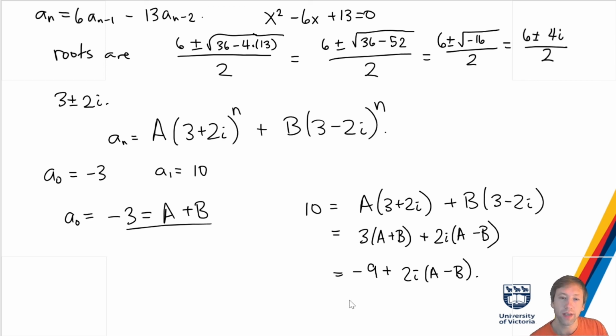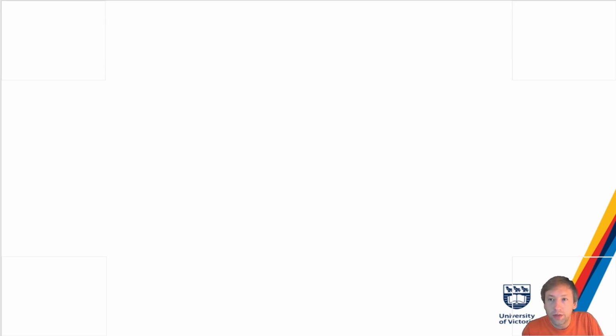Okay, and now we can see that in order for 10 to be equal to this, we're going to need a and b to be complex numbers. Maybe it's not obvious to you, but let's keep solving the equation, and then we'll see what we need a and b to be. What we've deduced so far is that negative 3 is a plus b, and that 10 is equal to negative 9 plus 2i times (a minus b).